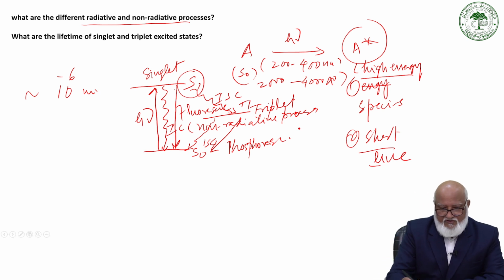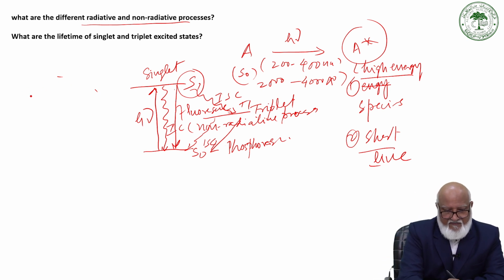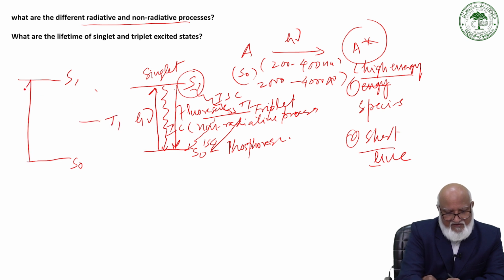So just to summarize once again, the molecule in the ground state goes to an excited state. This is S0, S1, and then T1. This is called h nu. This is absorption.